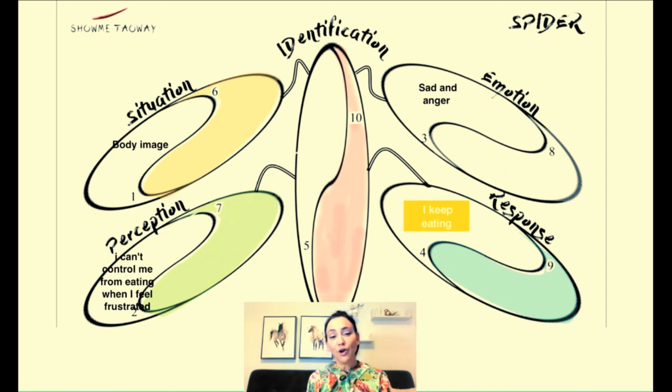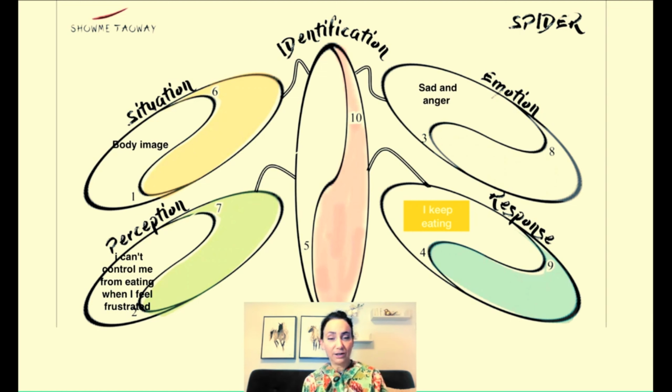She couldn't control her eating when she felt frustrated. She felt so sad and angry. And when she felt angry and sad and frustrated, what she would do, she would keep eating. So in that case, this story right now is about someone else.